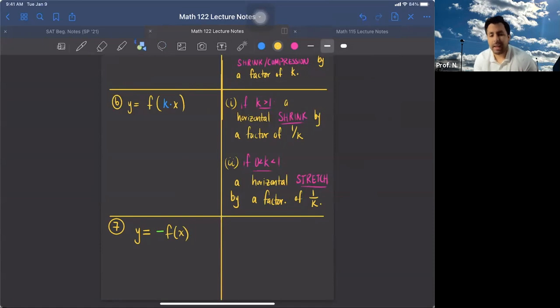What's the effect of putting a negative symbol in front of the parent function? What do I do to the parent function? Up and down. What do you mean by up and down, Emily?